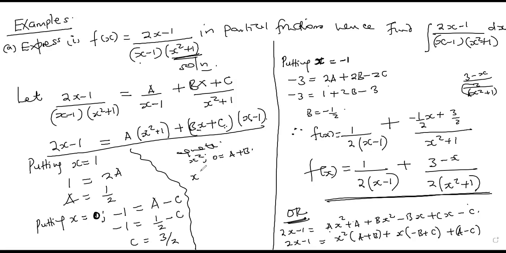Then for the x values, we have negative b plus c, and this side we have 2. So we shall have 2 is equal to negative b plus c.